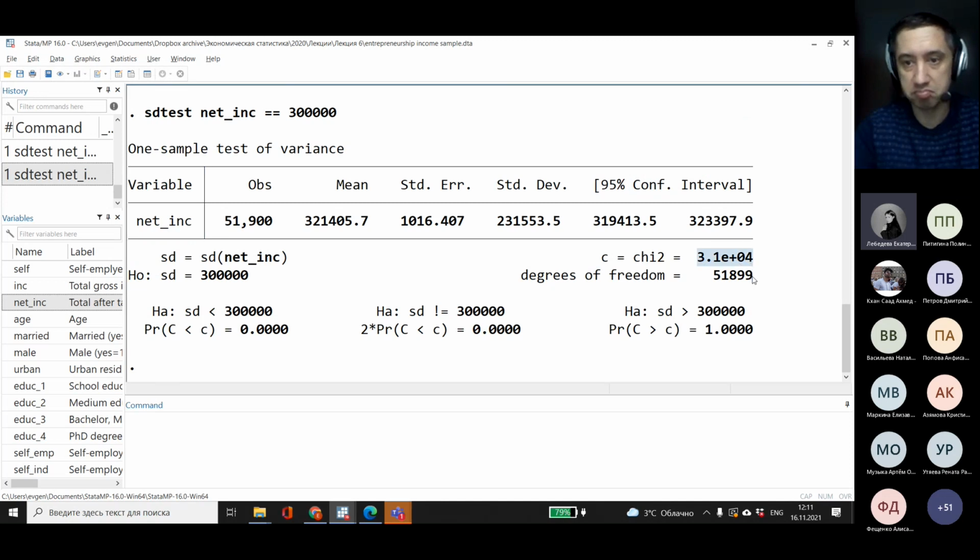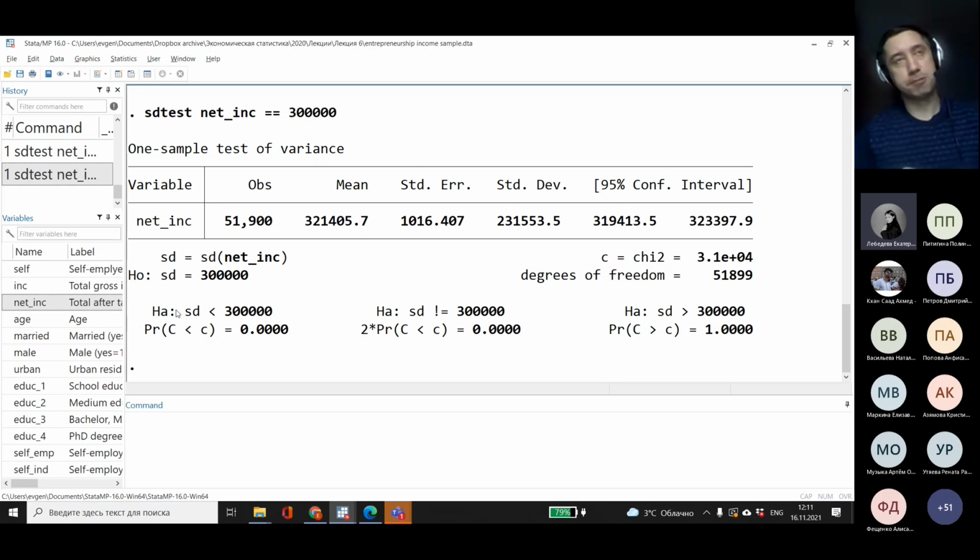It is a very, very large number, and with such a large chi-squared statistic it doesn't make sense to look at critical values. So definitely we should reject the null hypothesis, and it is clear from the p-values that this number and our estimated standard deviation are different, and the standard deviation is smaller than this number if we look at the alternative hypothesis.